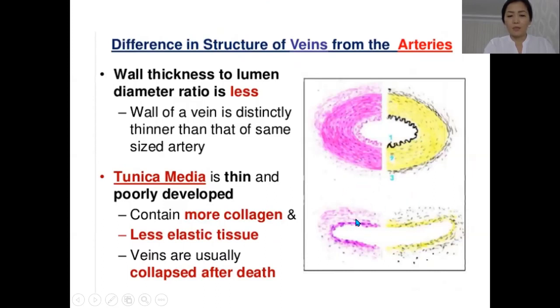And the tunica media, this purple one, is thin in vein and thick in artery, poorly developed in vein. Tunica media contains more collagen and less elastic tissue. Veins are usually collapsed. That's why in your slide we can see a collapsed vein mainly.